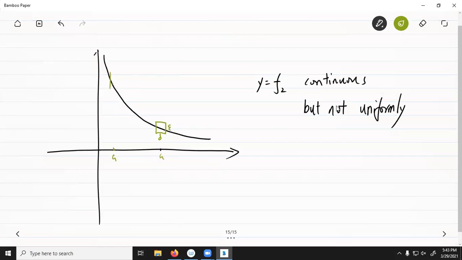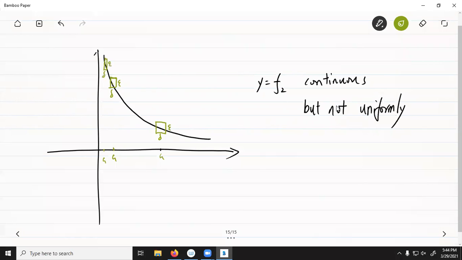You must draw this box if epsilon is given. If A is over here, actually you need to draw a very thin box.